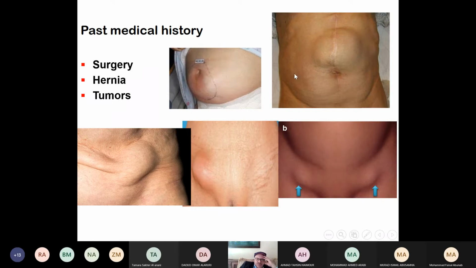So the surgery is important because it may include adhesions or hernias. Hernias are important, whether femoral or inguinal. And tumors are important because they may represent the cause of the obstruction, whether directly by the tumor itself or the reactions around.